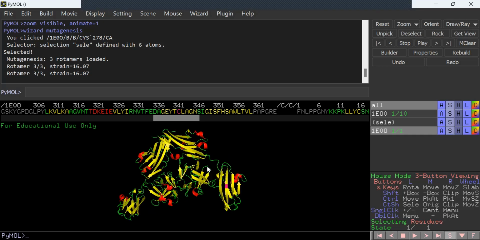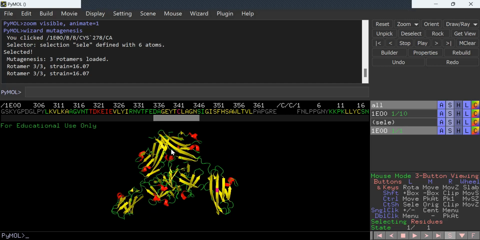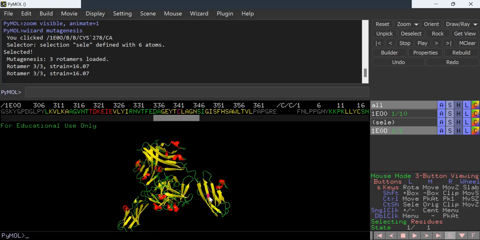If we now look at the pink structures over here, these pink structures are really important for our variant.